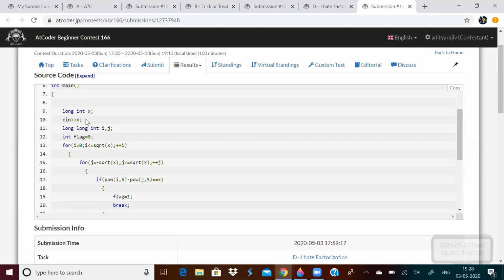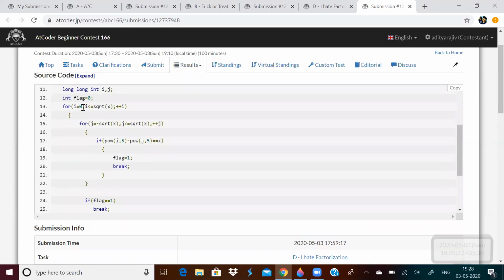That is what my code was all about. I took the input X. I'm running a loop from 0 to the root of X. And I'm running another loop from minus root of X to root of X. And I'm just checking this condition. Luckily, I did not get any TLE. If you know any other better method, please comment, please share. This worked.